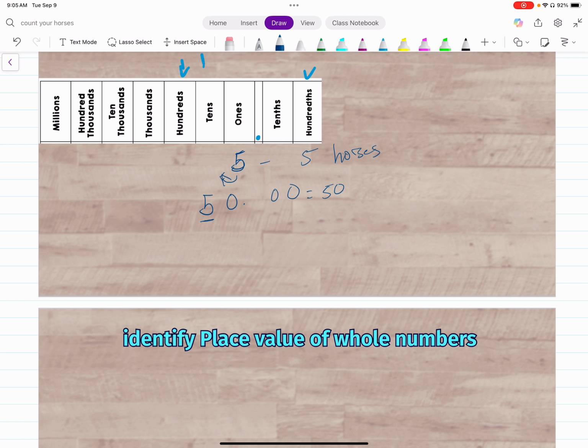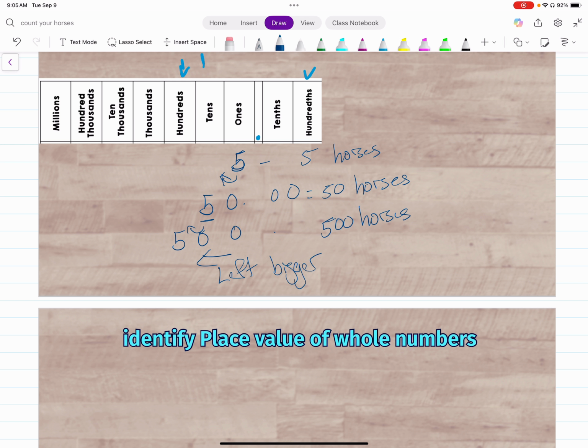So now I'm up to 50 horses. Then what happens if I move it over one more to the 100 stall? Well, now I've got 500 horses. So as the 5 moves to the left, it's getting bigger.